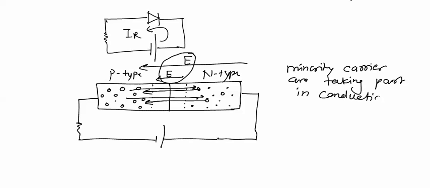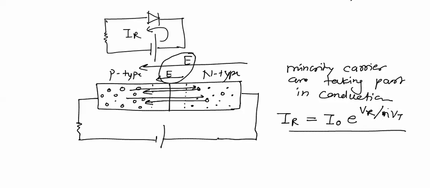As minority charge carriers are taking part in conduction and their concentration is very low, the reverse current IR is very small, and its equation is given by IR equal to I naught into e raised to power reverse voltage VR upon eta into Vt, minus 1. This equation will be used.